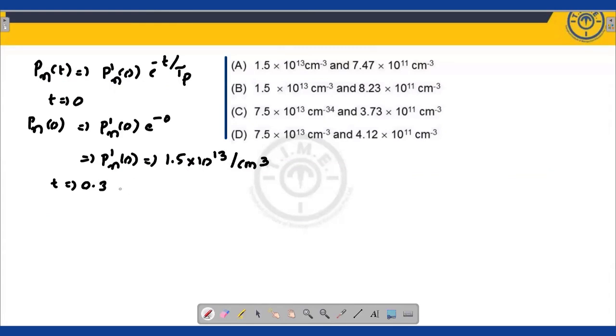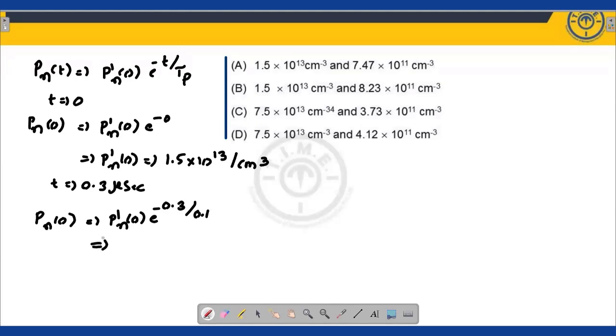0.3 microseconds. Then what happens? See, the parameter has been changed over here. Pn of 0, which is equal to Pn dash of 0 into e power minus 0.3 divided by 0.1.